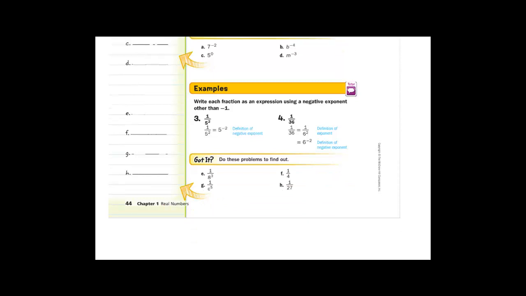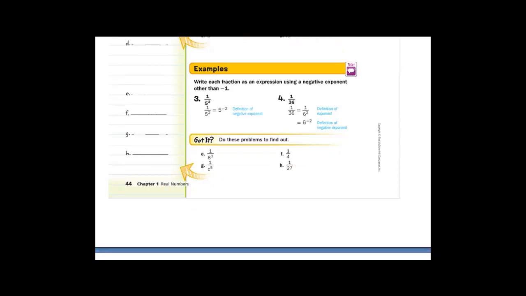So I want you to pause it now and try E, F, G, and H. On E, if I write that as its reciprocal, I would have 8 over 1, so just 8. My exponent changes signs to the negative 3.